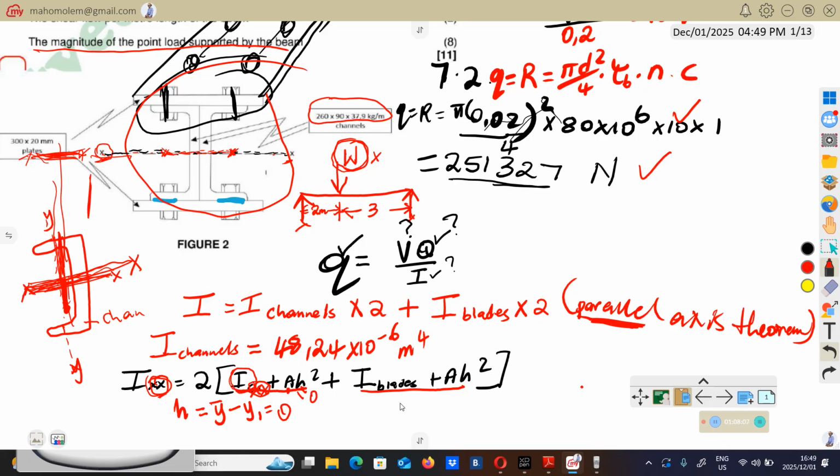Then we come to the I blade. So blade, we're talking about this one. All right, so we know the dimension of this.